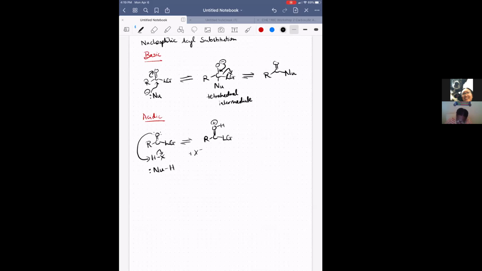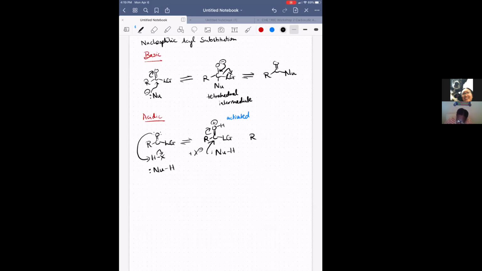We also still have our nucleophile, NuH, with a lone pair. Since we've activated our acyl species, we can allow our nucleophile to attack the carbon in the acyl group, and then we'll push electron density to our oxygen.